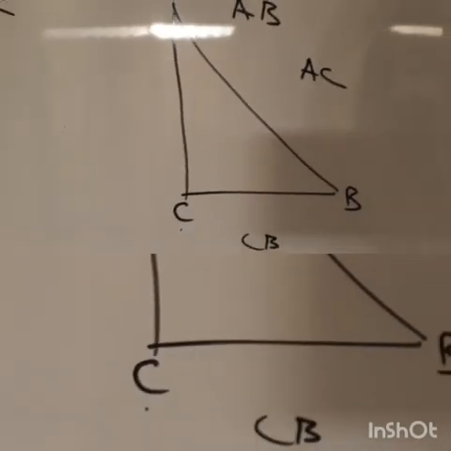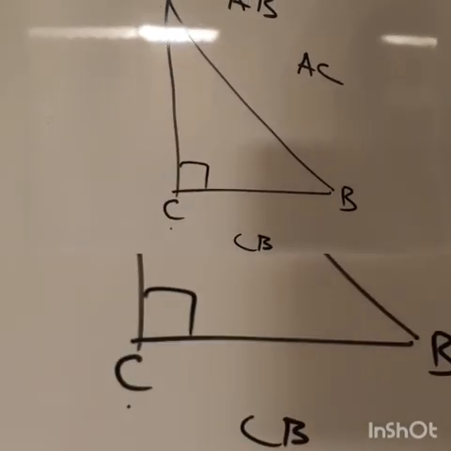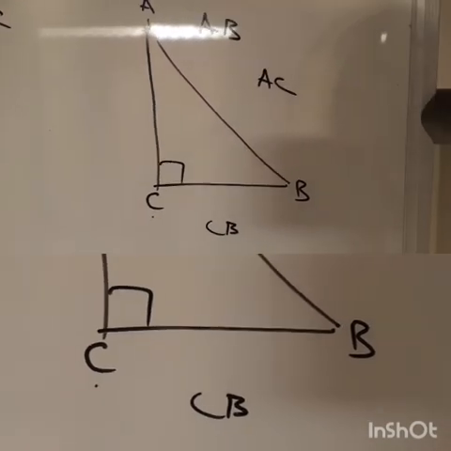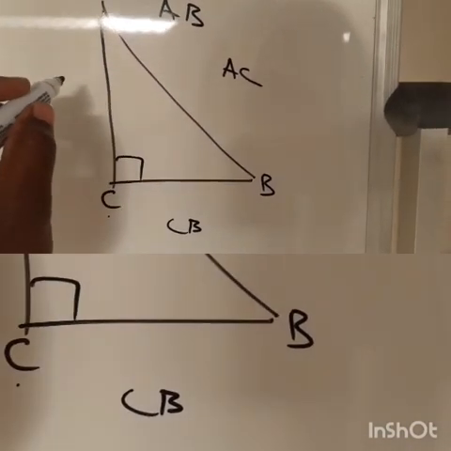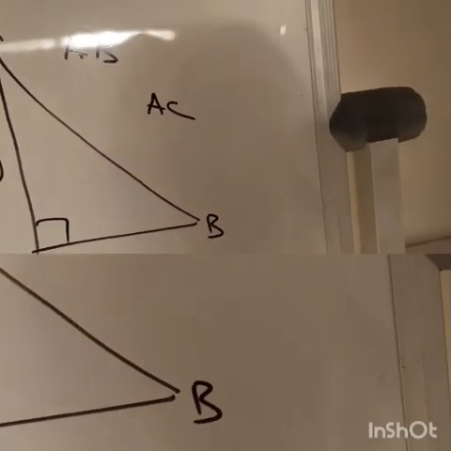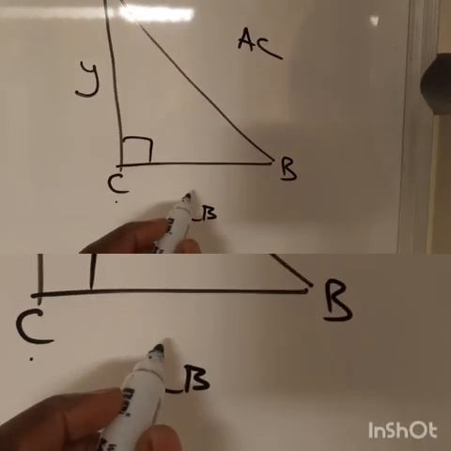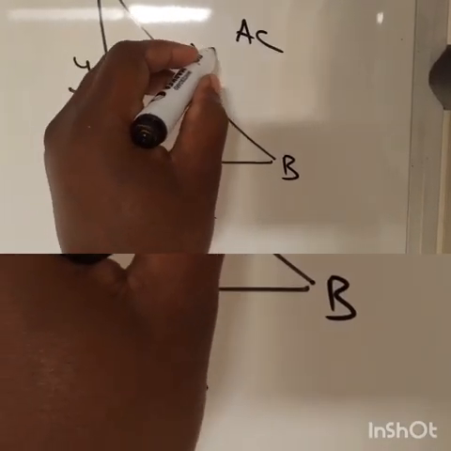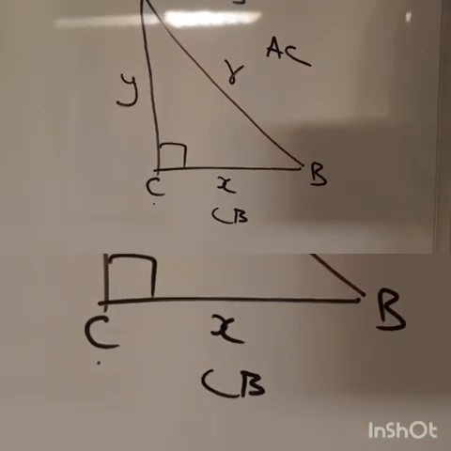Since I said that when you're dealing with Pythagoras' theorem it's always right angle triangles, you need to focus on labeling the triangle. The vertical line represents my Y, the horizontal line represents my X, and the last one, the obvious one, is the R.